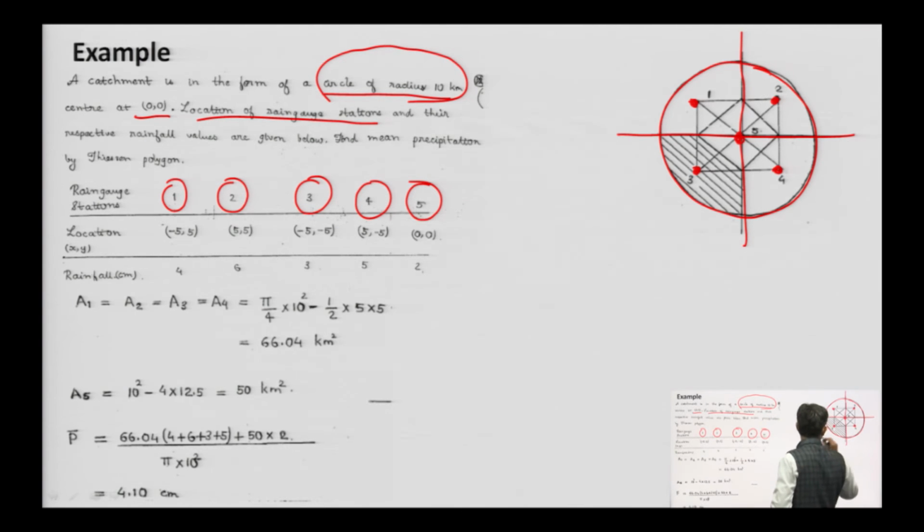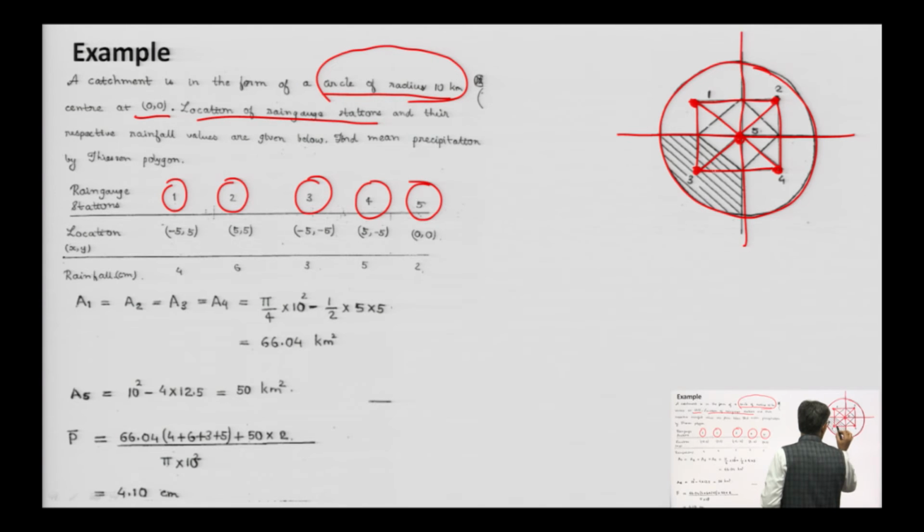What is the procedure? We will join all the rain gauge stations by straight lines. Joining of all rain gauge stations. The next thing is to put the perpendicular bisector on each of those lines.